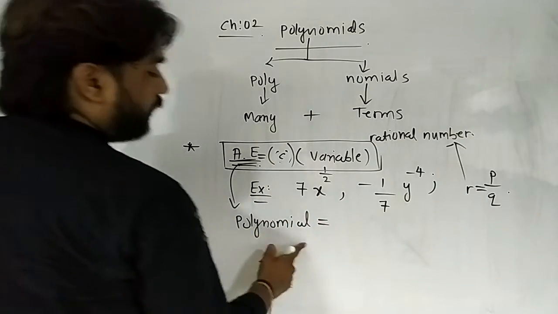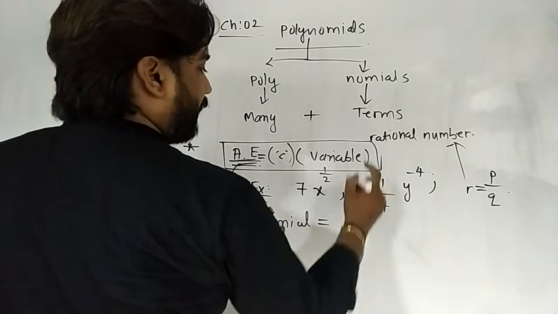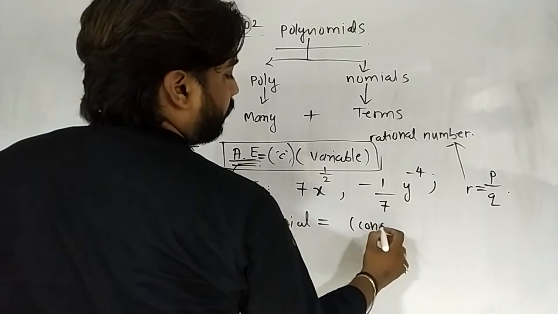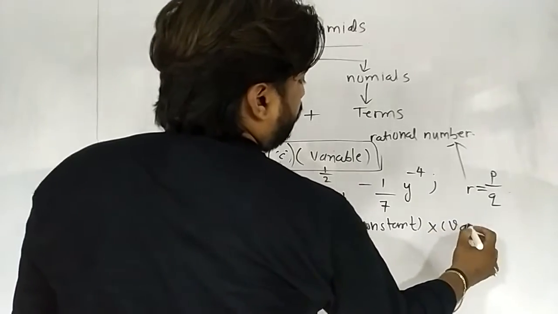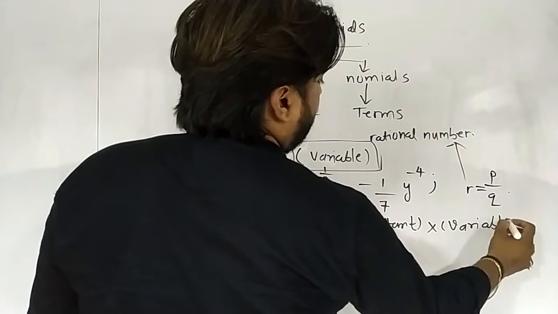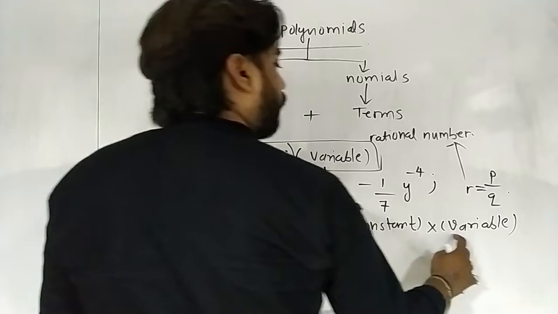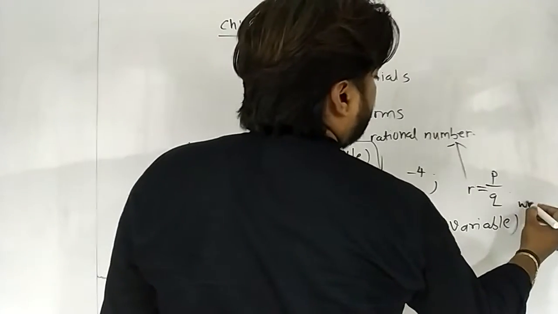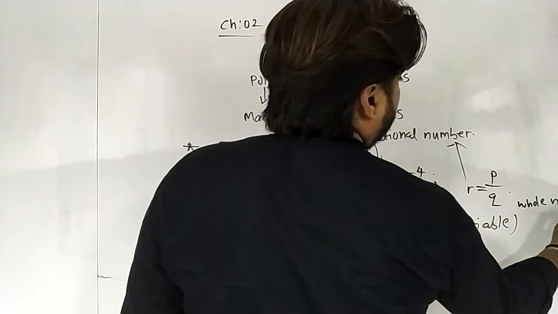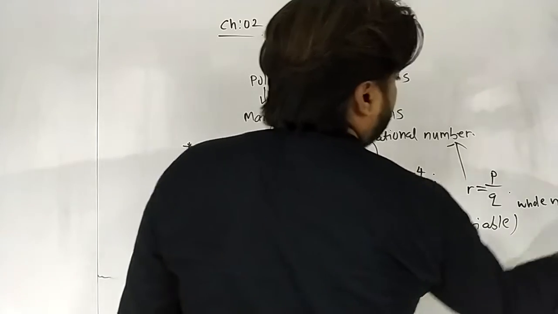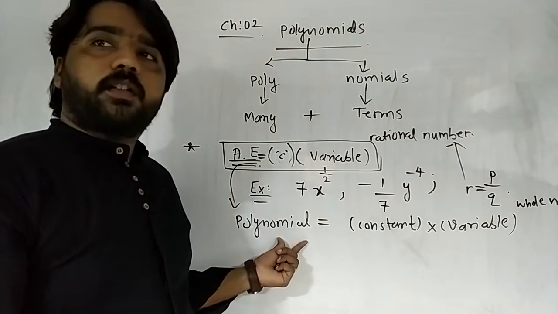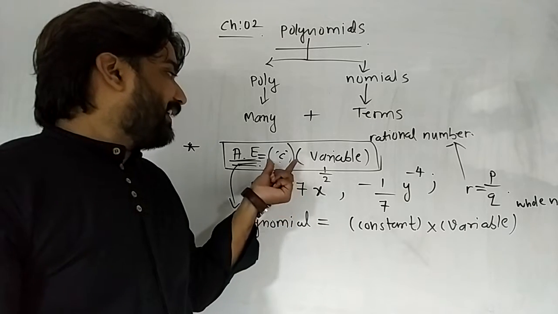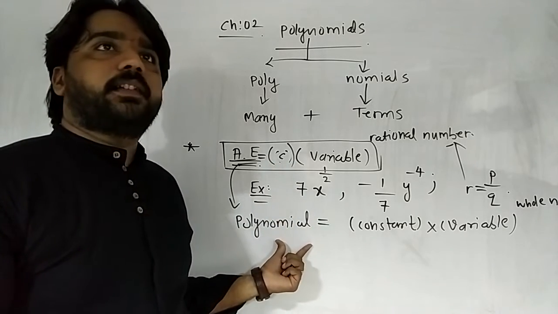Then polynomial is what? An algebraic expression in which constant into variable and the power of variable must be what? A whole number. याद है सबको? Again, polynomial is a special case of algebraic expression.